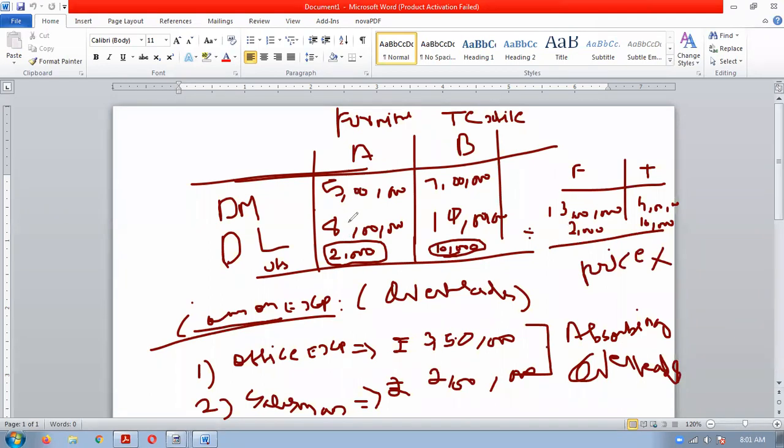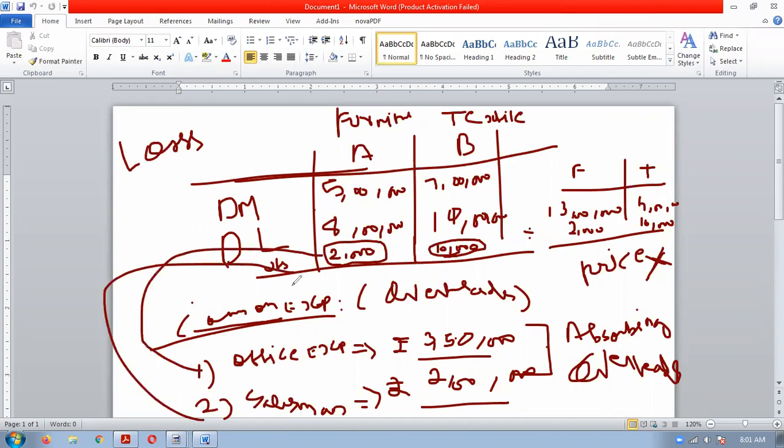Because if you consider only direct expenses and decide the price of the product, it will be wrong. Then your common expenditure will not be recovered and you will incur a loss. So these common expenditures should also be charged to both the products. How you charge that to the product is known as absorbing overheads to the products. Clear? Understood everybody?